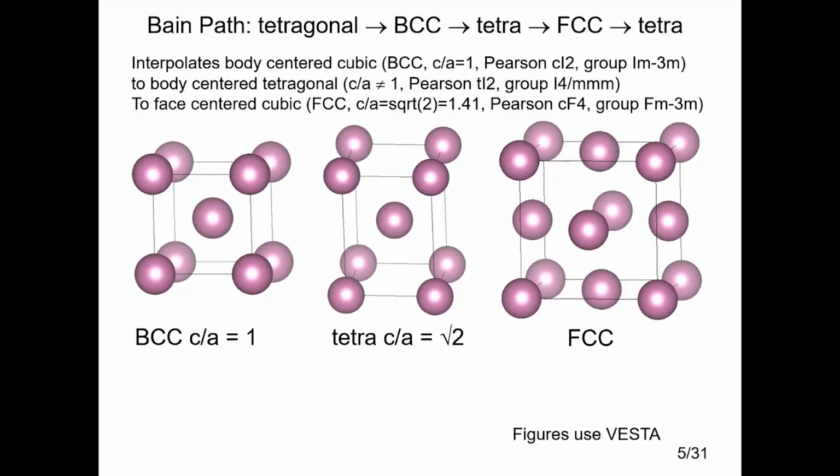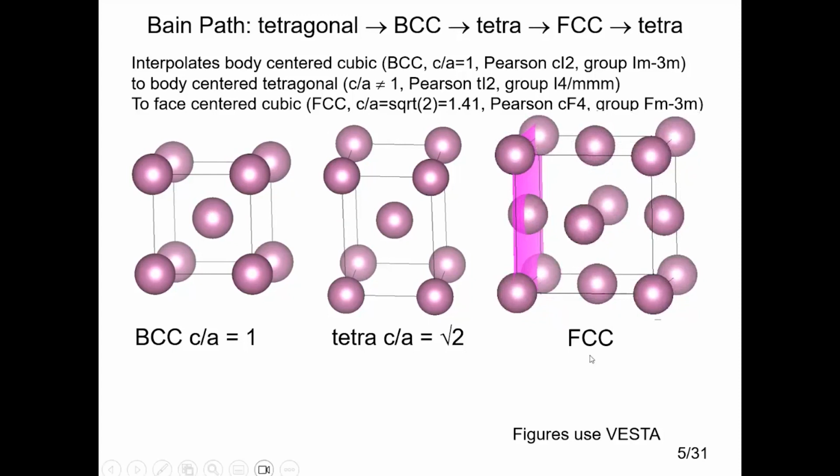How do we see that this is face-centered? I think it's quite obvious that this structure on the left is body-centered. The face centering is maybe a bit harder to see. So here I have used VESTA to draw a plane along one of the faces. And you see that there's an atom sitting at the center of one of the cubic faces.